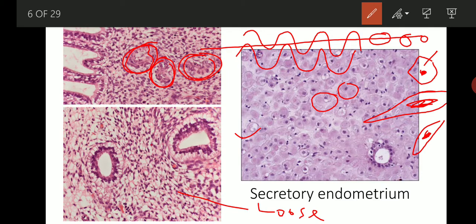And the normal glands of the endometrium have now become very small because all their secretions have been thrown into the lumen. So this is known as decidualized endometrium, and this is known as decidua. Right?